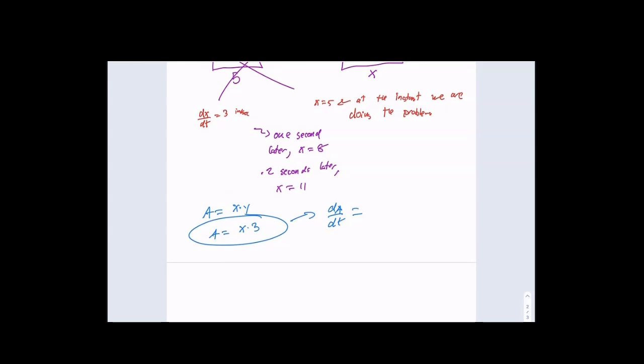So it's 3 dx dt. All right, so the y went away. There's no y in my formula now because y was a constant, and therefore dA dt is 3 times 3, which is 9 inches squared per second.